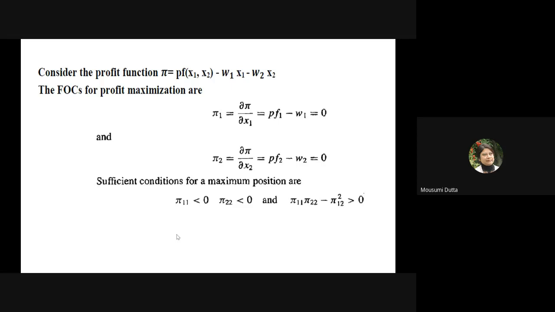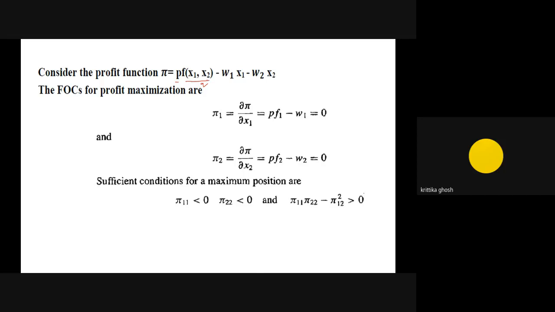P is the price of the commodity, and the output function is a function of x1, x2. In the profit function, this is P, the price of the commodity, and this is basically Q, the quantity. So this part is the revenue, P into Q, minus W1x1 minus W2x2. So is this equation fine to all of you? The profit function, TR minus TC?